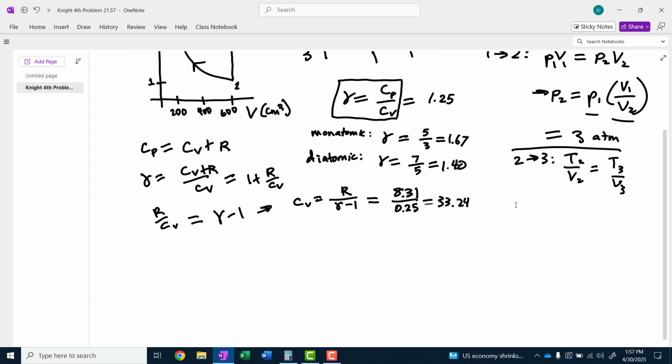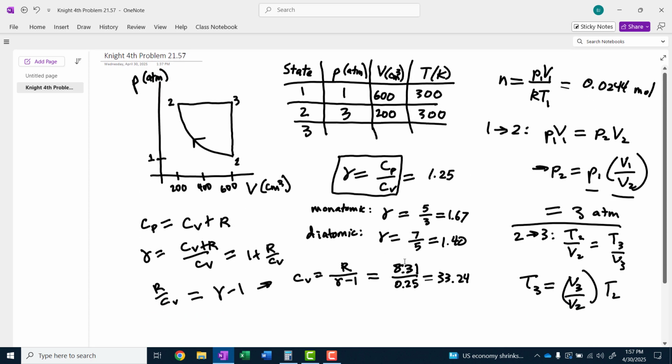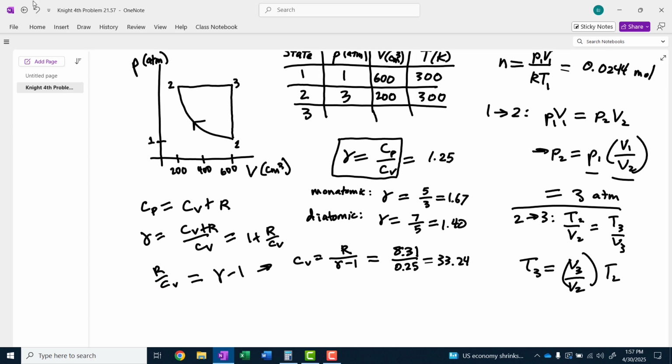So we're solving for T3. T3, evidently, is you take the ratio of the volumes and multiply by T2. And if we look at the graph, we're going from 200 cubic centimeters back up to 600. So the volume is increasing by 3.